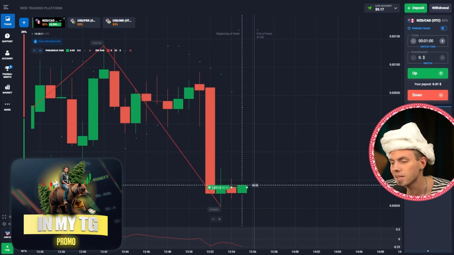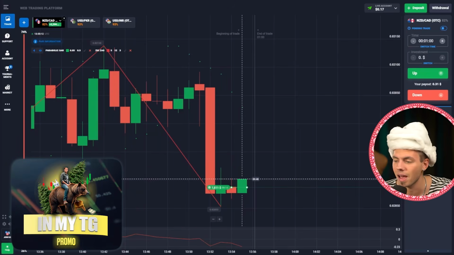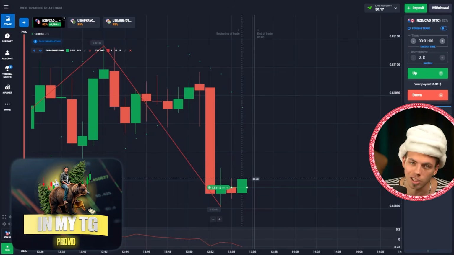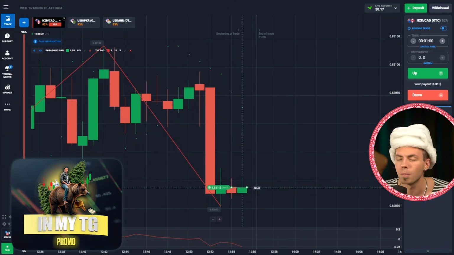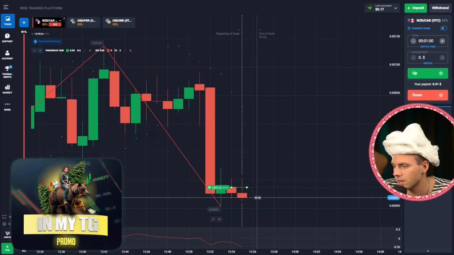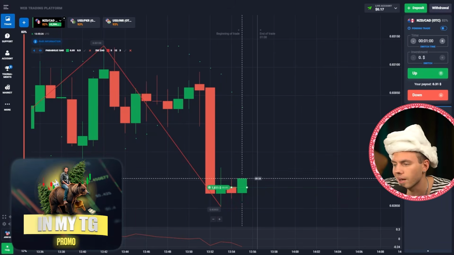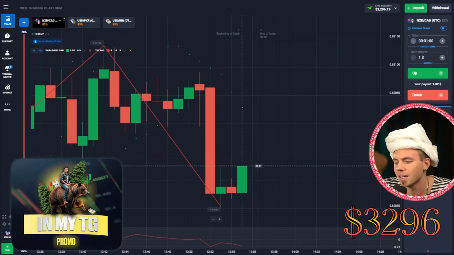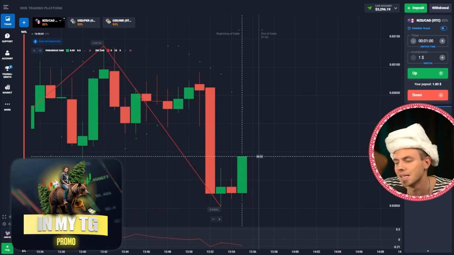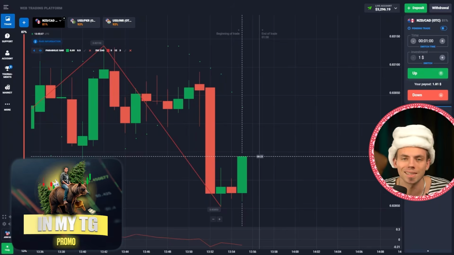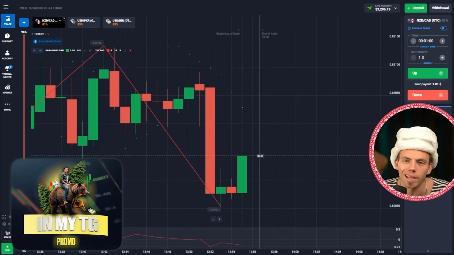It's quite obvious that this is not a normal deviation, and the price will try to go back to its normal state, let's say so. And here we carefully opened an upside option, which means trade closed with more than $3,000, $3,200. Very good.